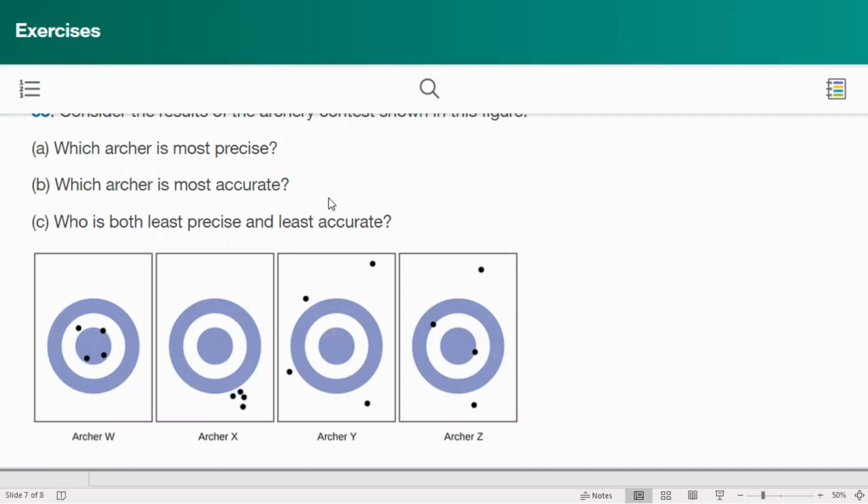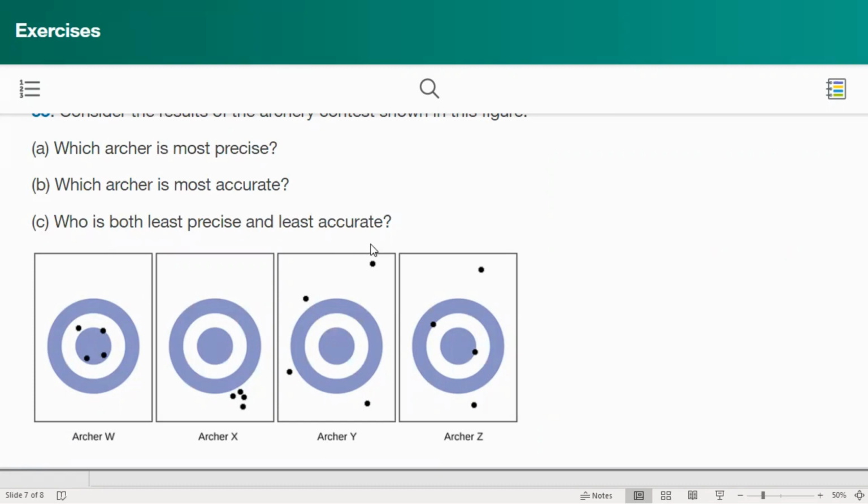Which archer is the most accurate? Well, unless we have precise measurements and we're able to do a mean, we're just going to eyeball it. I would say this one, because it seems like the average location, if we average where all the arrows landed, it would be maybe about right there. So I'd call that the most accurate.